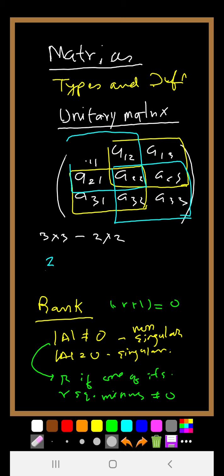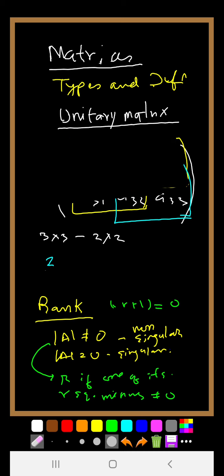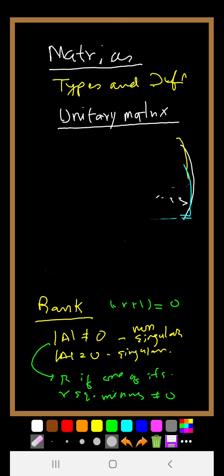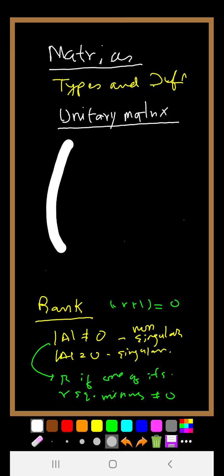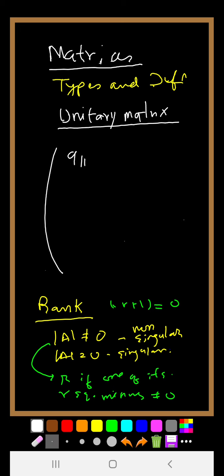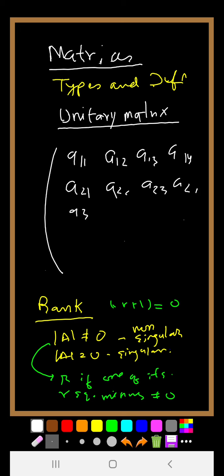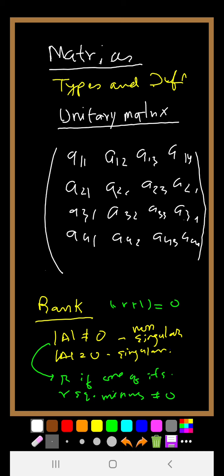Had it been a 4 cross 4 matrix, let's take a larger example. Say a matrix A11, A12, A13, A14, A21, A22, A23, A24, A31, A32, A33, A34, A41, A42, A43, and A44. So this is a 4 cross 4 matrix.